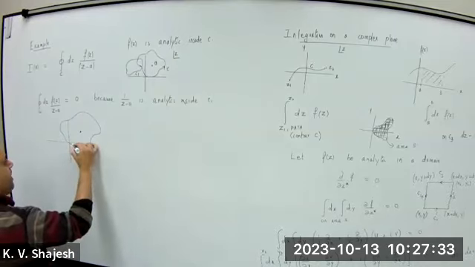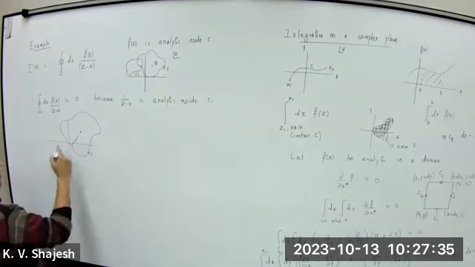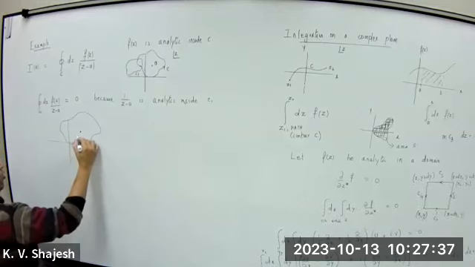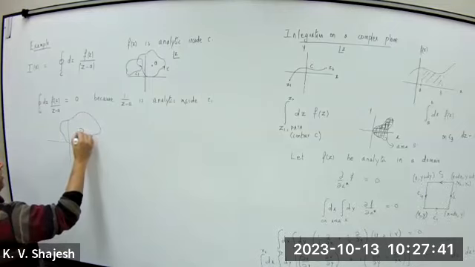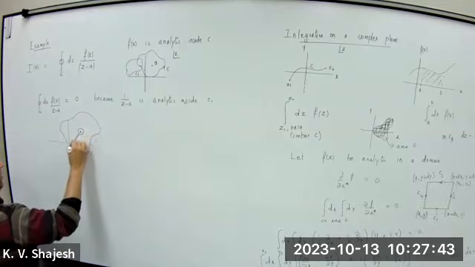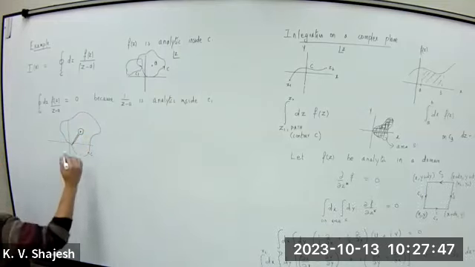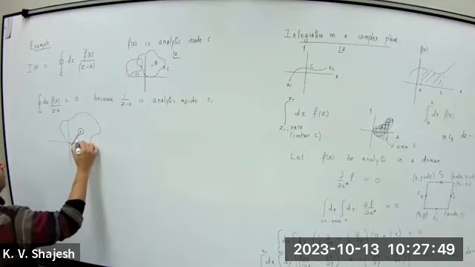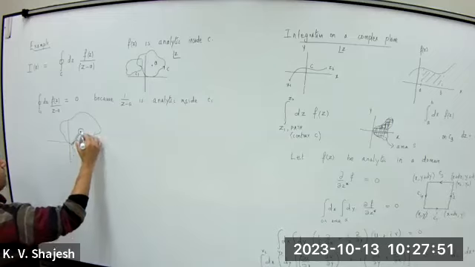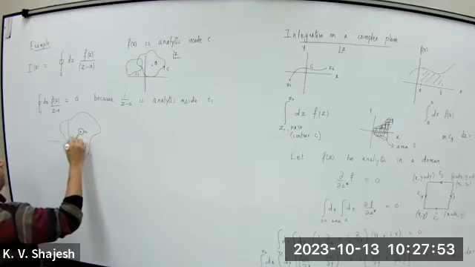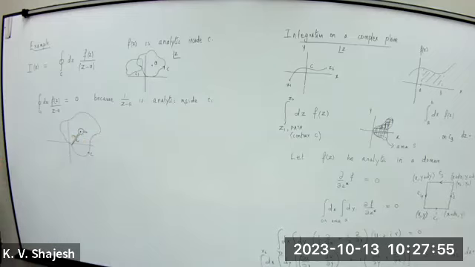Somewhere from contour C, I deviate. So I'm coming here, go in this direction, then go around this point, and then come back. So this is C, and this whole thing is C1. Let's call it C2, and then I call it C3. C1 and C3 are going in opposite directions, so they cancel out. So it is C and C2 that is remaining.